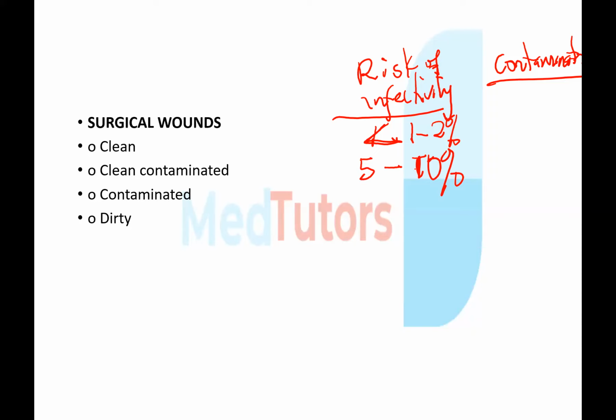You want to allow for a delayed primary closure so that the edema, inflammation and infection subside in 3 to 5 days, or 5 to 7 days. When the edema subsides, you now close. So you can see it depends on the degree of contamination.